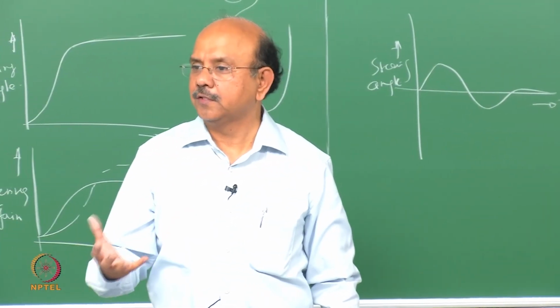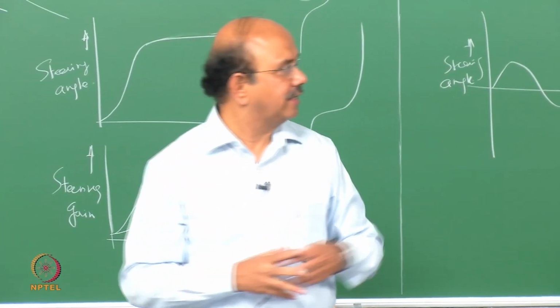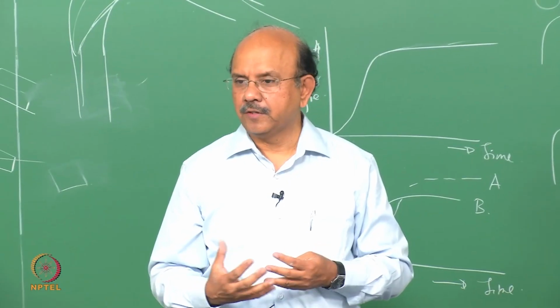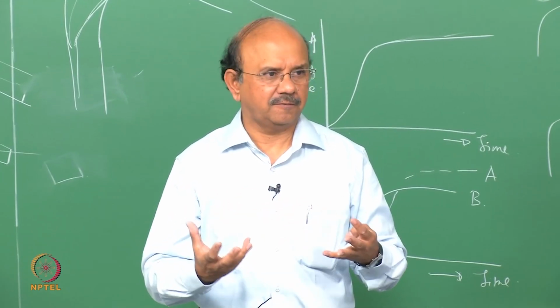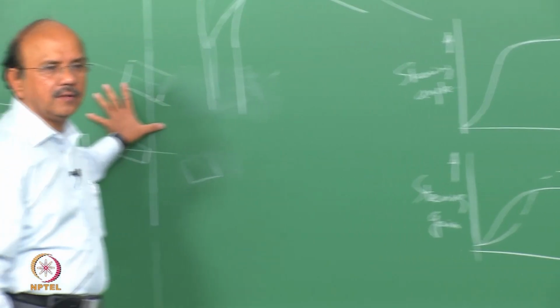Ultimately, did they come up with this? And what is the driver? One of the major problems here is that they had a number of drivers, I remember, 7 drivers. So the drivers had to agree. There was a substantial difference between the drivers' inputs, because it is a subjective rating.